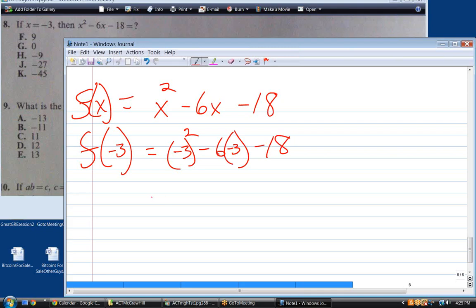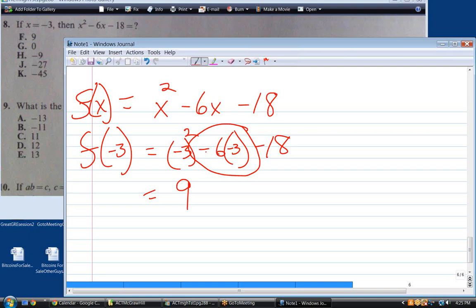Now let's simplify. What's minus 3 squared? Is that going to be positive 9? What's this? Negative 9? Well, first of all, 6 times 3 is 18.